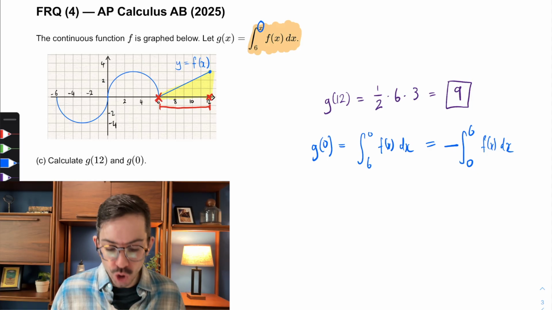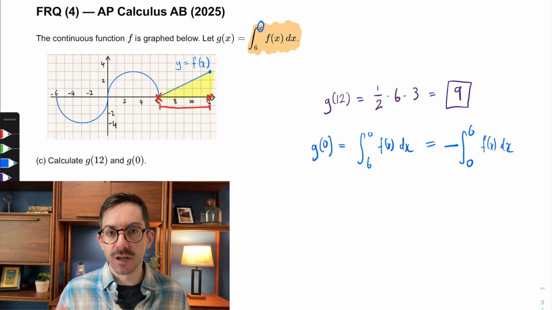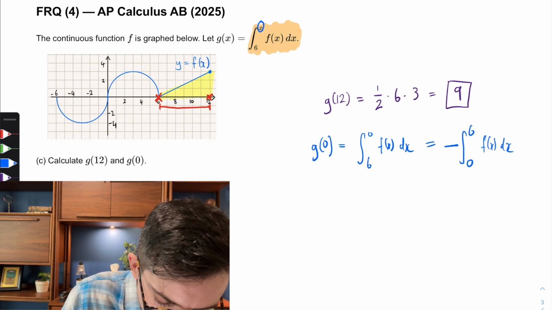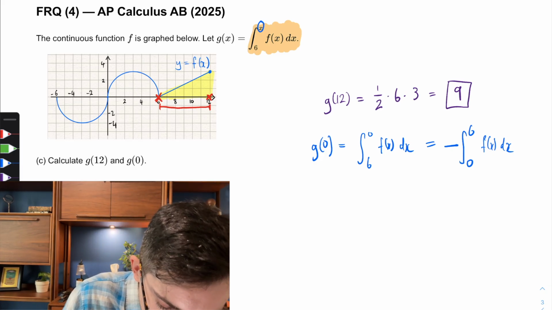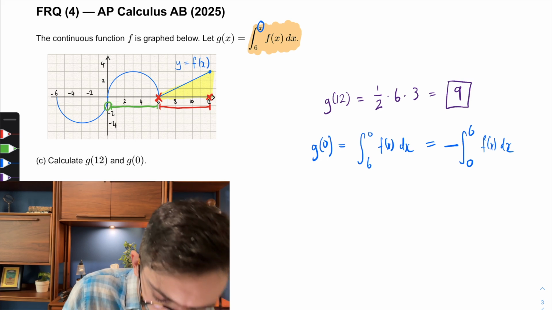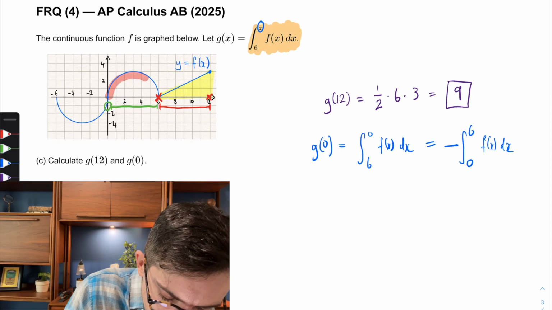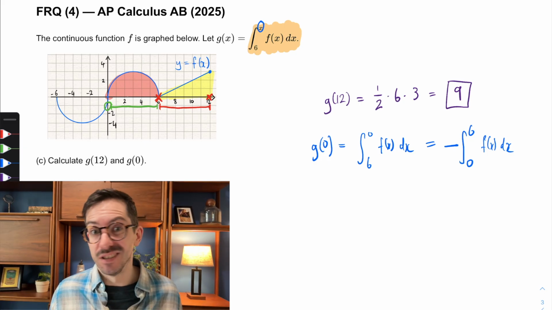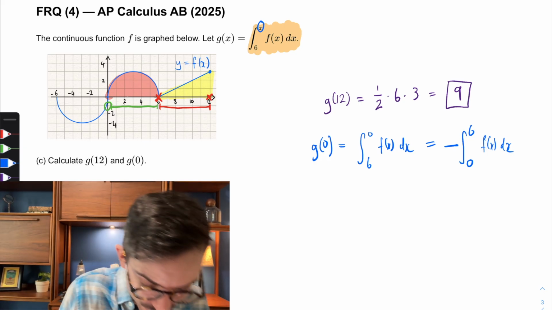Okay. So I now am looking at the area under the curve of f from 0 up to 6 with that negative sign. But notice now, what I'm getting is a semicircle. That's nice. I know the area of a semicircle is half the area of a circle, and I know the area of a circle.